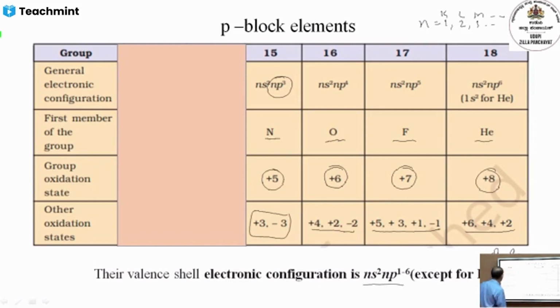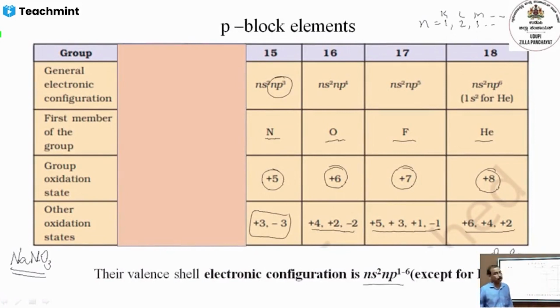You have NaNO3. If I ask you what is the name of this, you may say it is sodium nitrate, which is one of the sources of nitrogen. Nitrogen is abundantly present in the atmosphere.